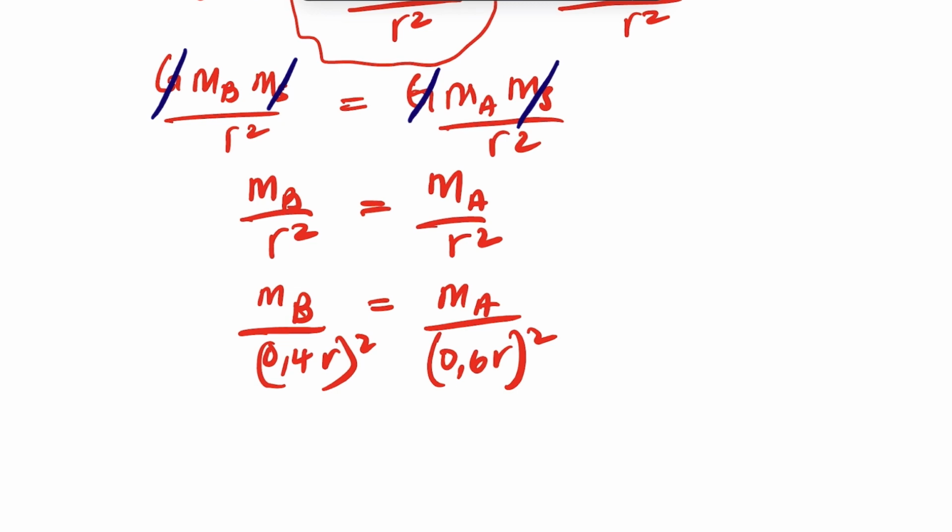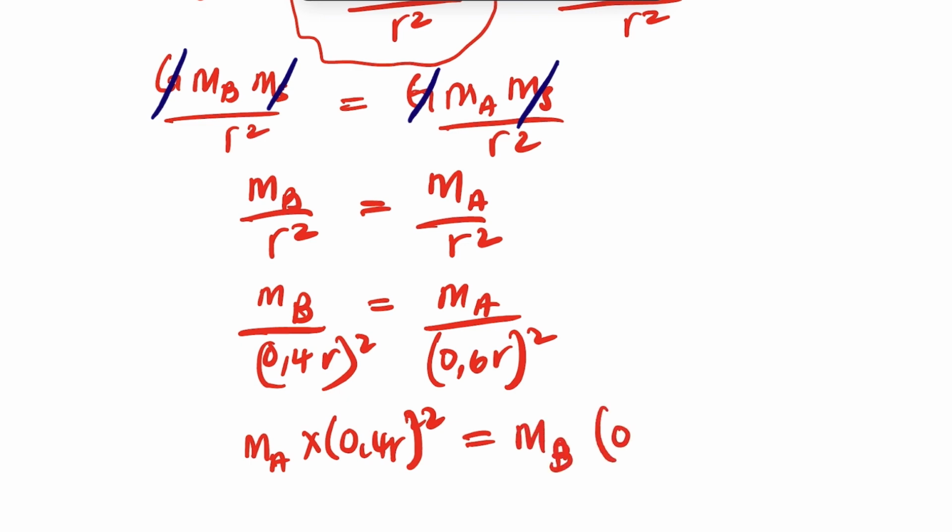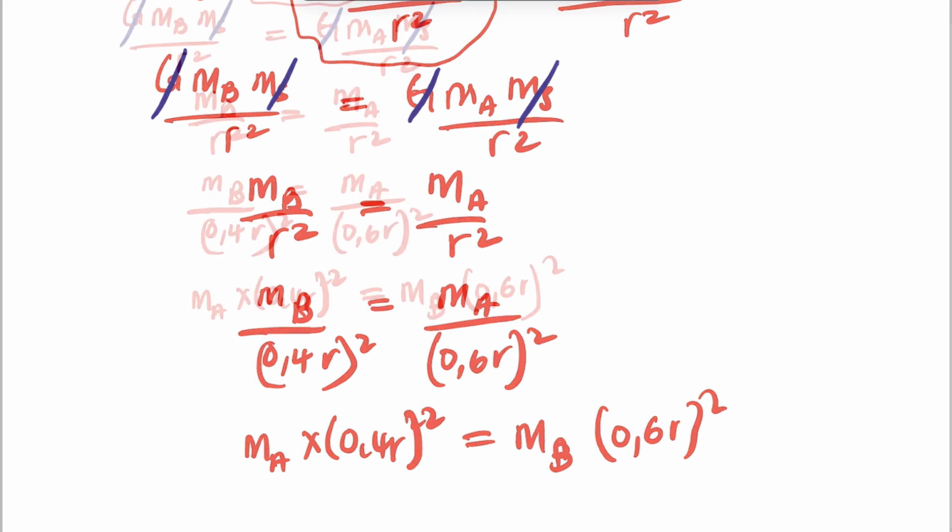So if you do the math there, we are going to cross multiply. When you cross multiply, you have mass A times 0.4 r, and you have mass B multiplied by 0.6 r.